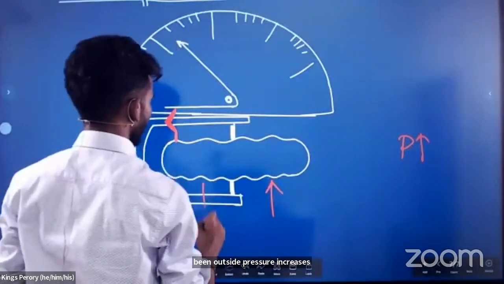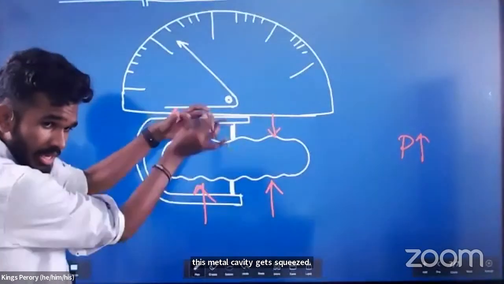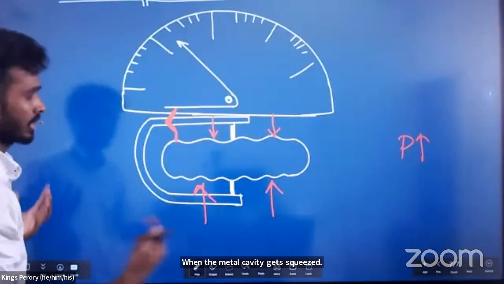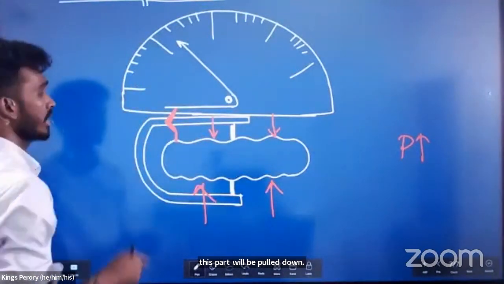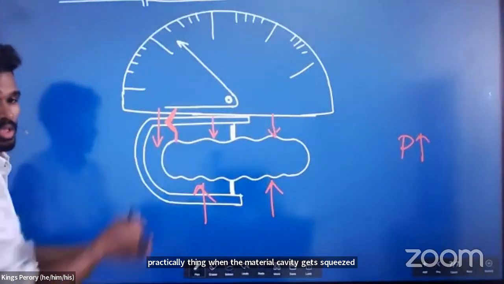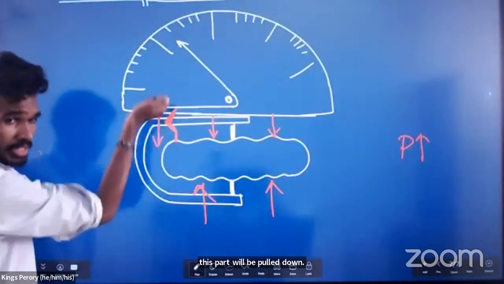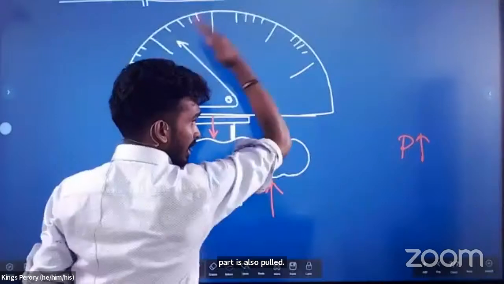When the metal cavity gets squeezed, this part will be pulled down. When that part is pulled down, this part is also pulled. When that part is pulled, the indicator will move.